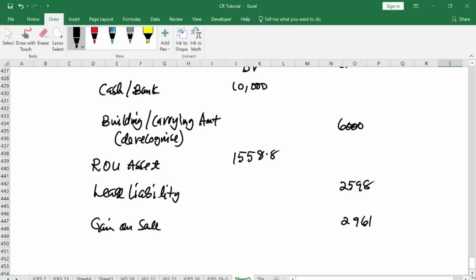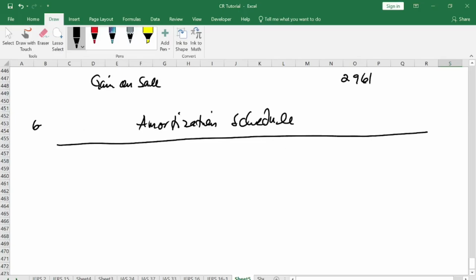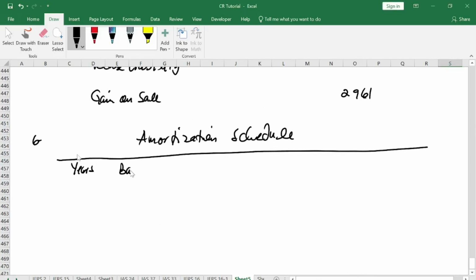All right. Now, if the question asks us to prepare an amortization table, what do you do? For the amortization, it says for 5 years. So you have years, your balance brought down, your interest at 5%, your lease payment, and your balance carried down.